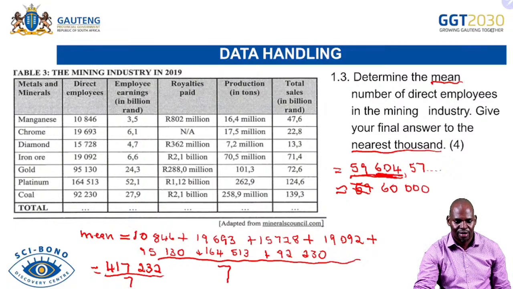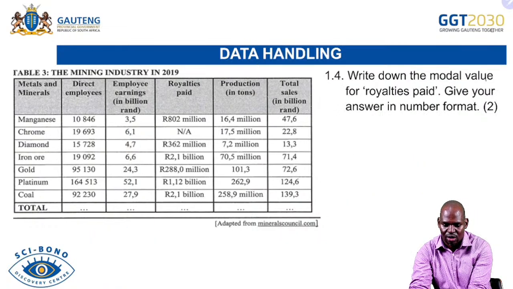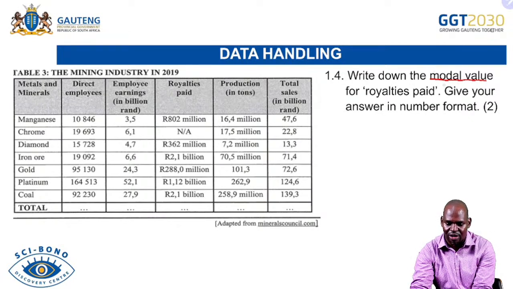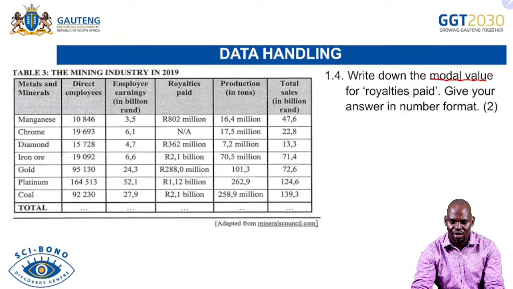Then the next question, still on the very same table. Write down the modal value. Modal value, the word modal comes from the word mode. Modal value for royalties paid. Give your answer in number format. Now we need to check. Royalties paid is this column.